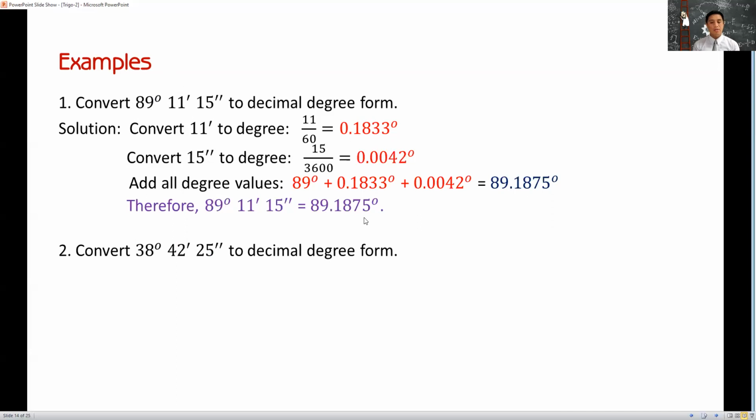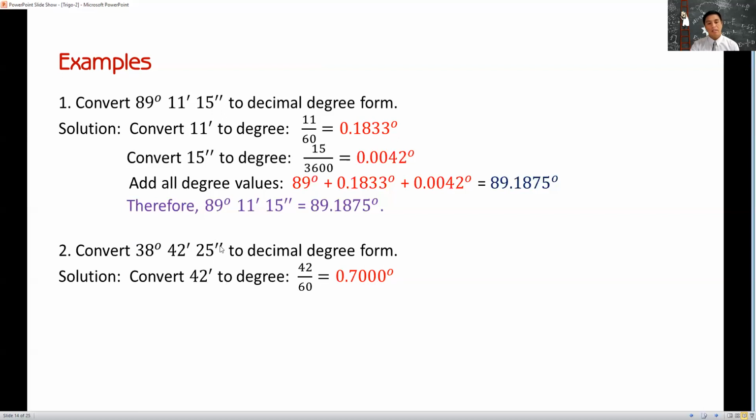Now, number 2, example, convert 38 degrees, 42 minutes, 25 seconds to decimal degree form. Again, we will convert the minutes to degrees and seconds to degrees. To convert the minutes, divide it by 60. So 42 divided by 60, 0.7. So make it 4 decimal places, 0.7000 degrees.